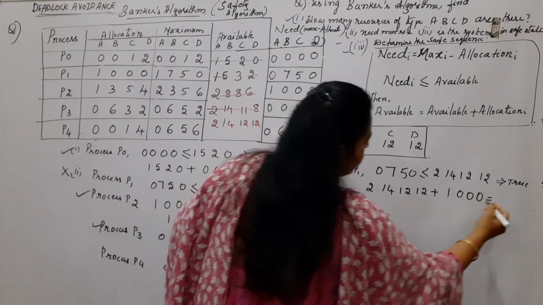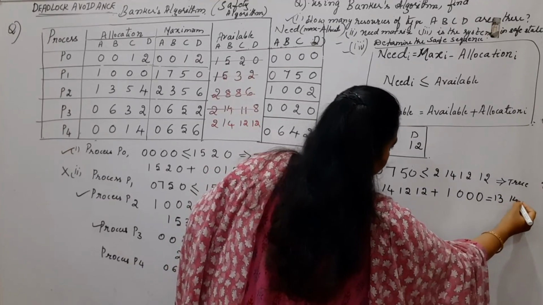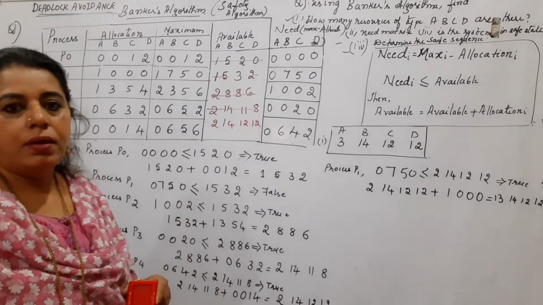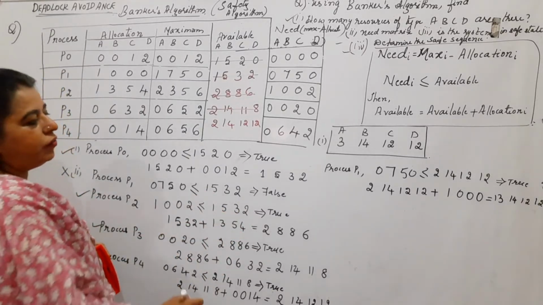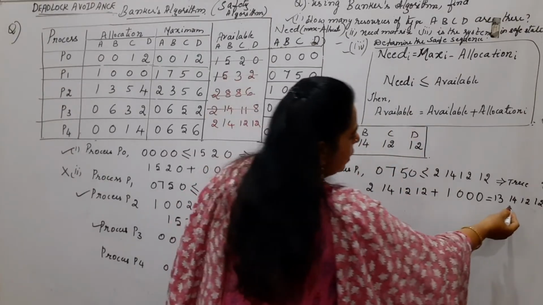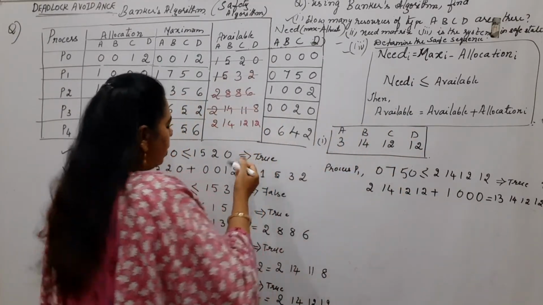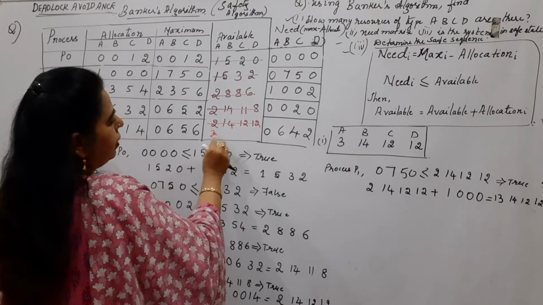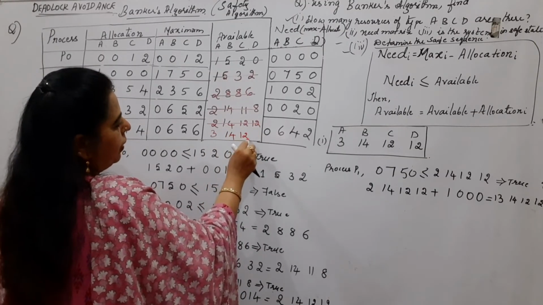Once you add, 2 plus 1 is 3, 14, 12, 12. This is the new current value for available. Now you can update the available value: 3, 14, 12, 12.